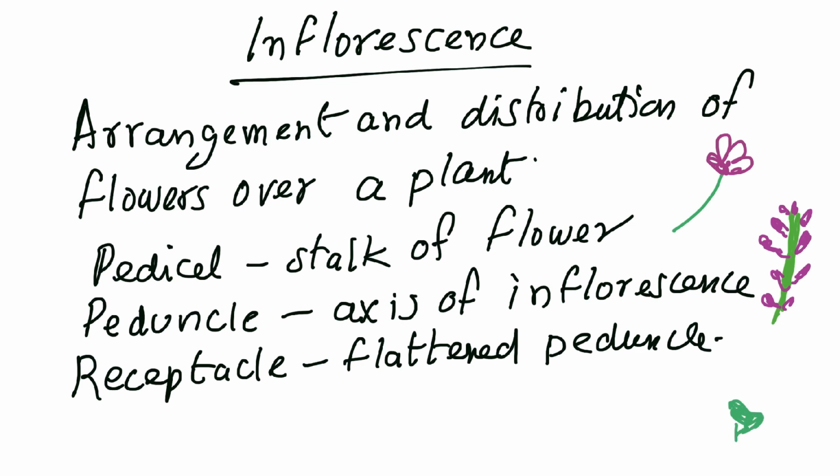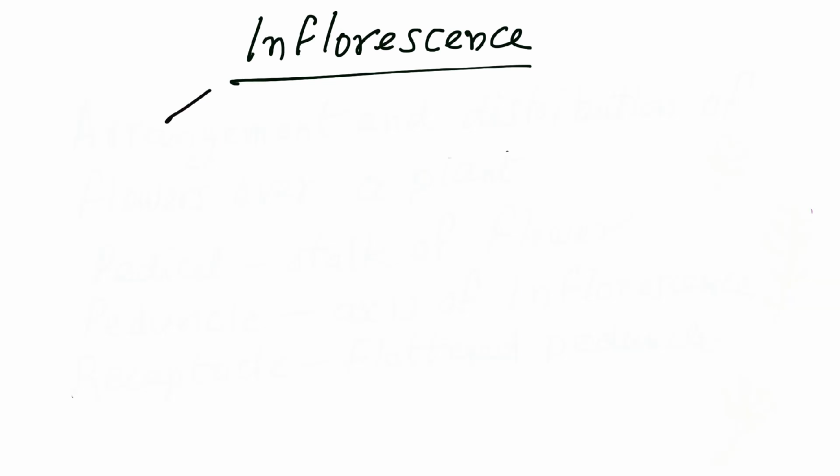So in the beginning of this video, we'll be looking at the important kinds of inflorescence. Later on we'll be looking at each and every case in detail. Naturally, the first case of inflorescence is solitary.